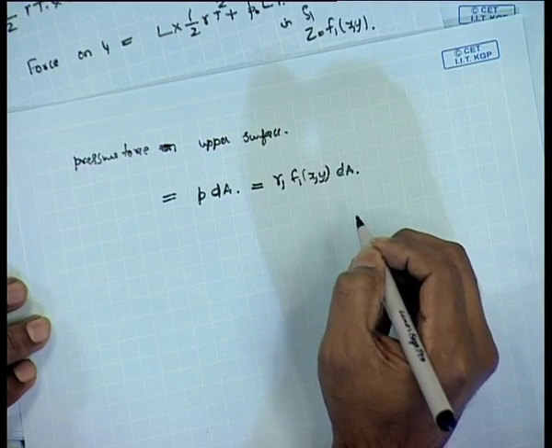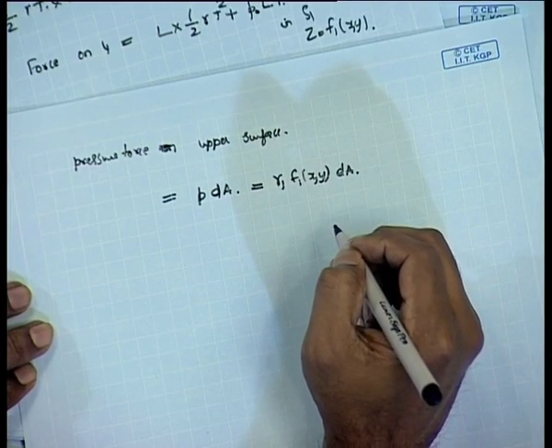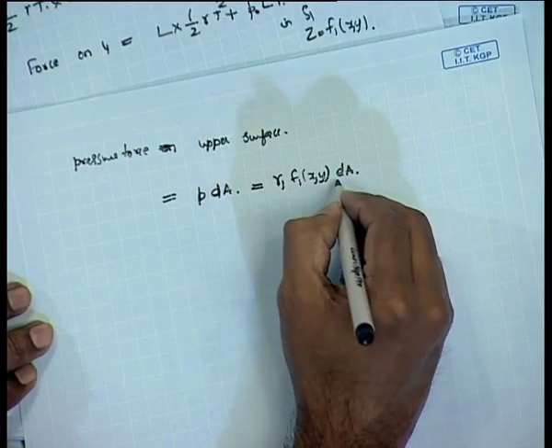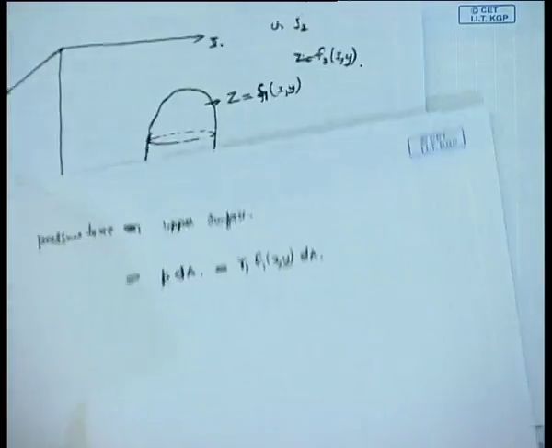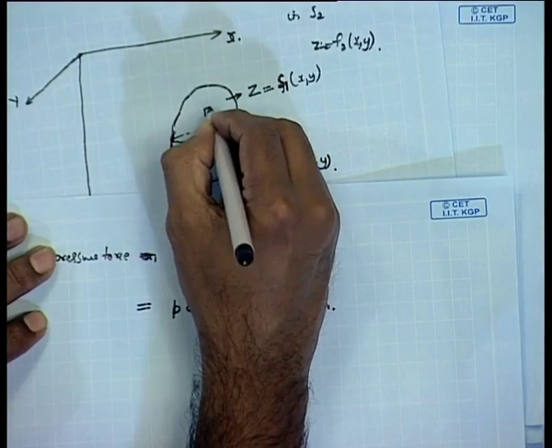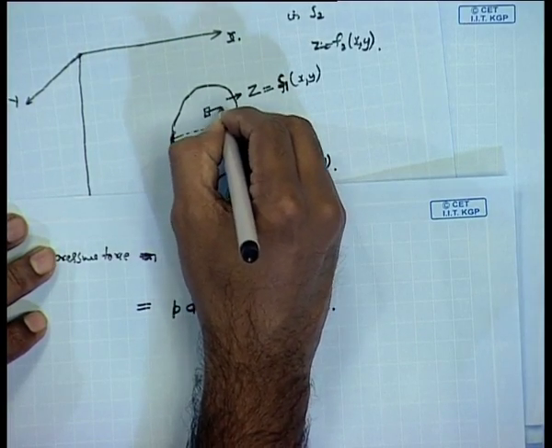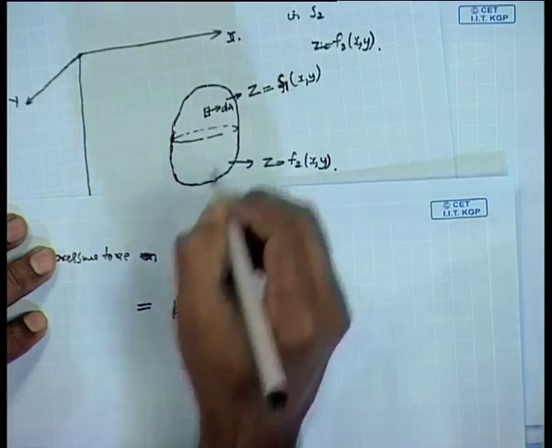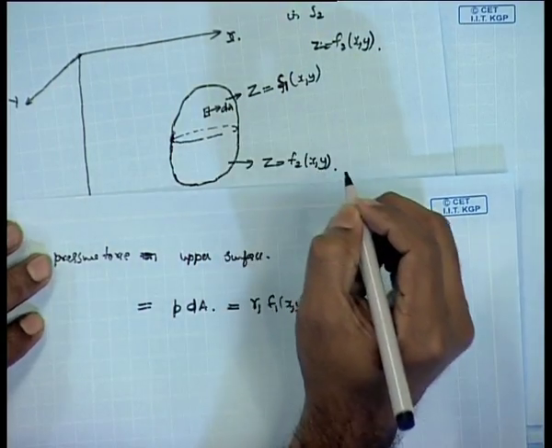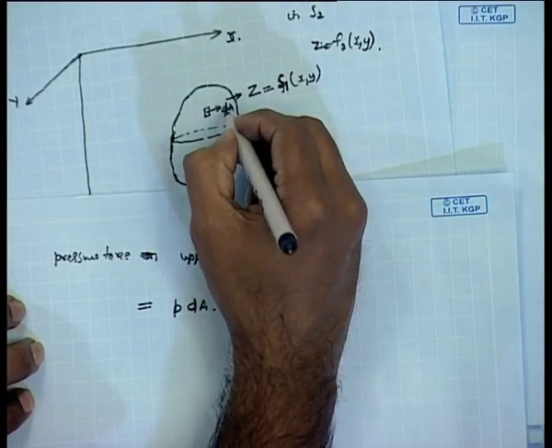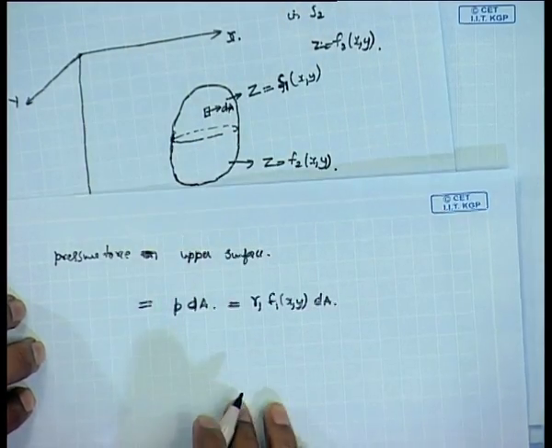Now, the vertical component of the force. If you look at this figure, we have now considered a small element dA like this. The force will be directed in a direction normal to the surface dA.